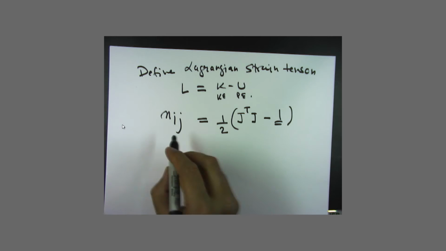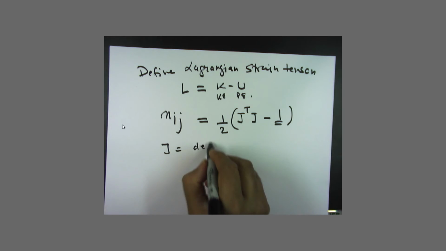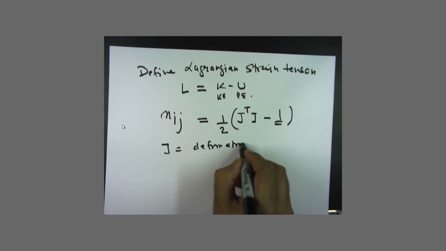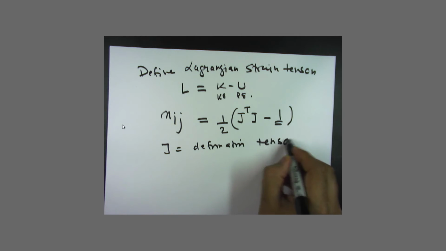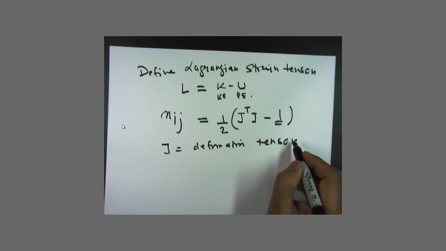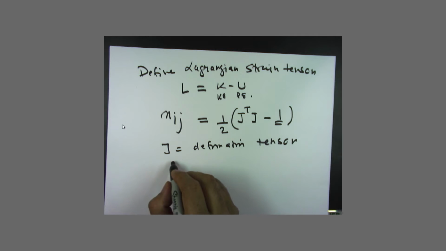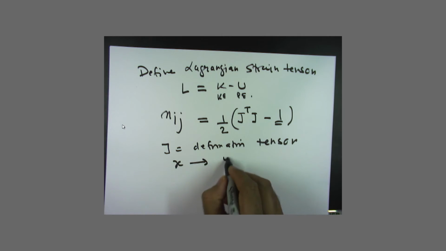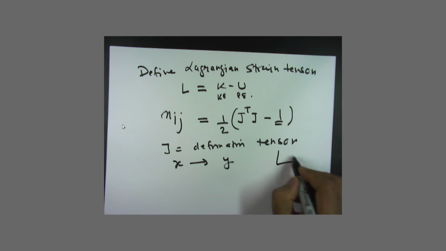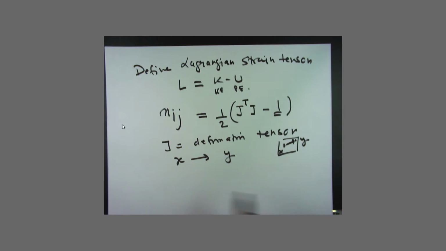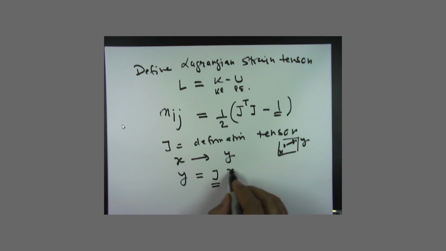So, J is the deformation tensor here, and that relates stress and strain. If you go from position x to y, then using the deformation tensor, let us say you were at any point x, and now this particle due to deformation goes to y. So, this is where y then becomes J, the deformation tensor, times the x vector.